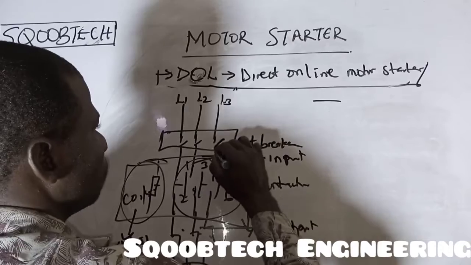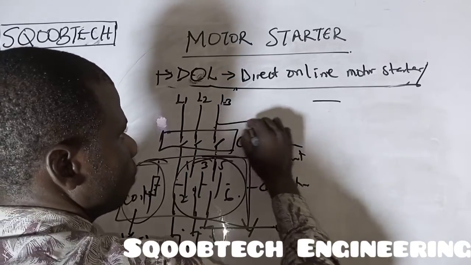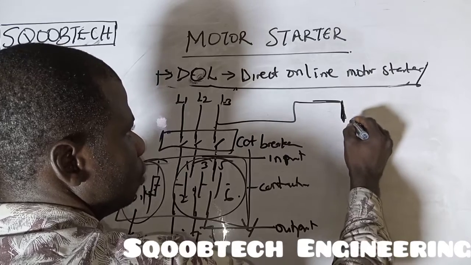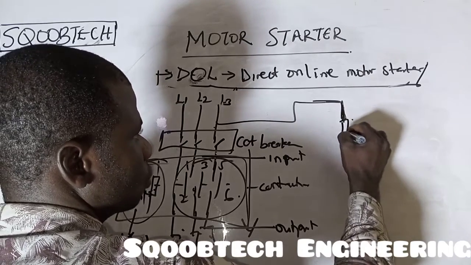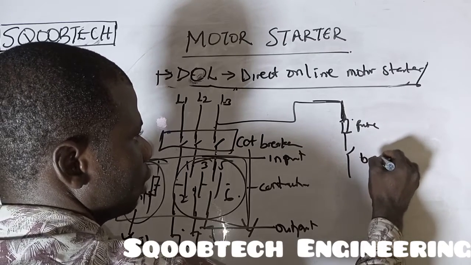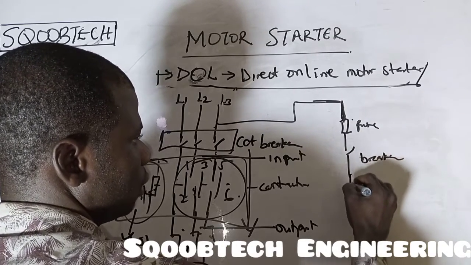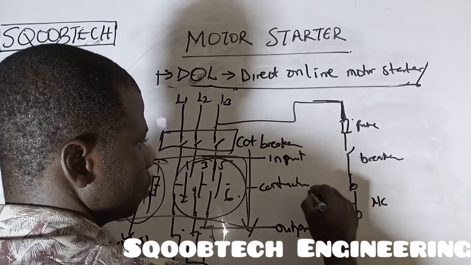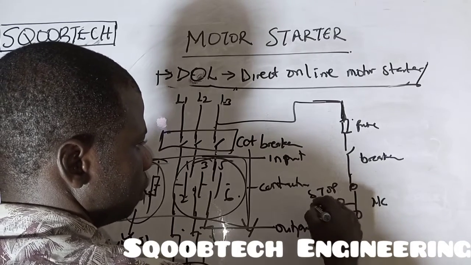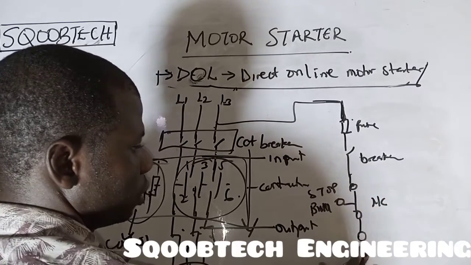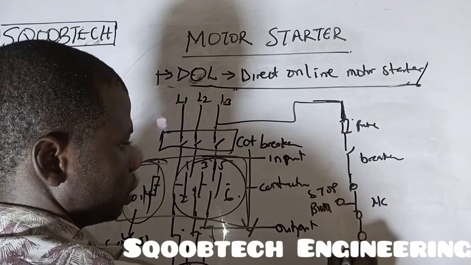So this is the way the control circuit will be. Let's say we tap from here. It also passes through another, let's say a fuse. Then we pass it through another breaker. You understand? Then it passes through your stop button, which is normally closed. Then it comes to your start push button.